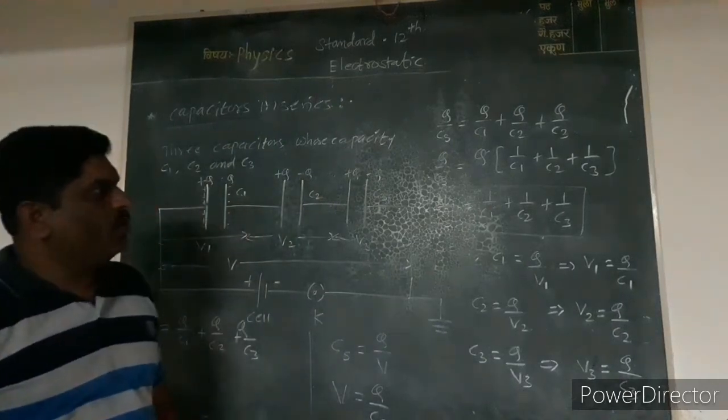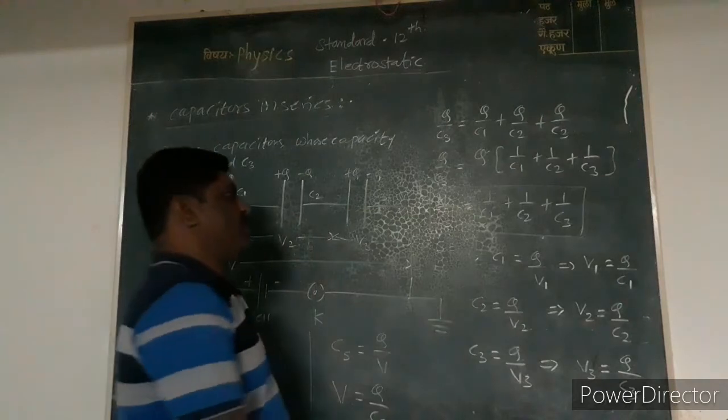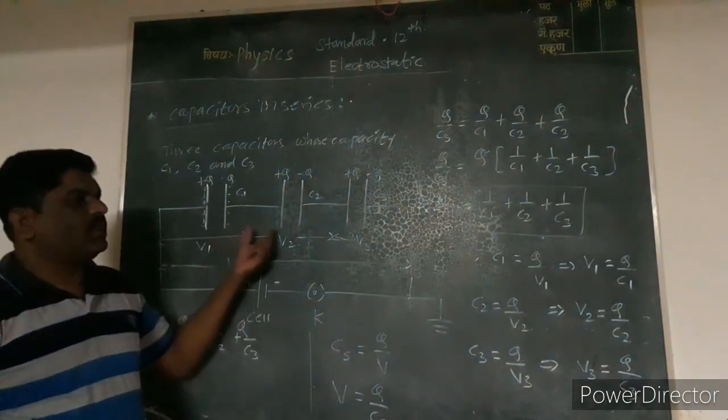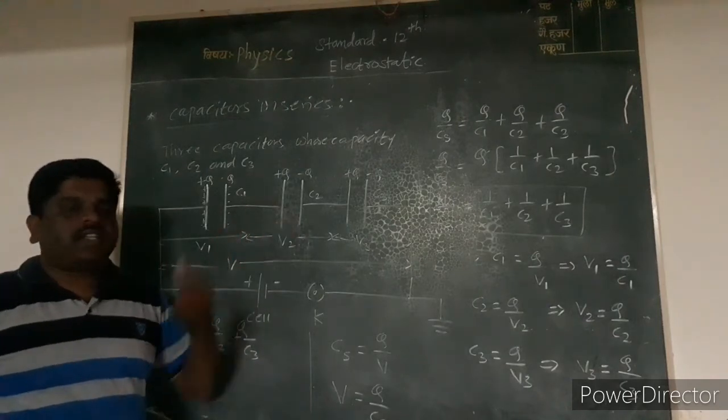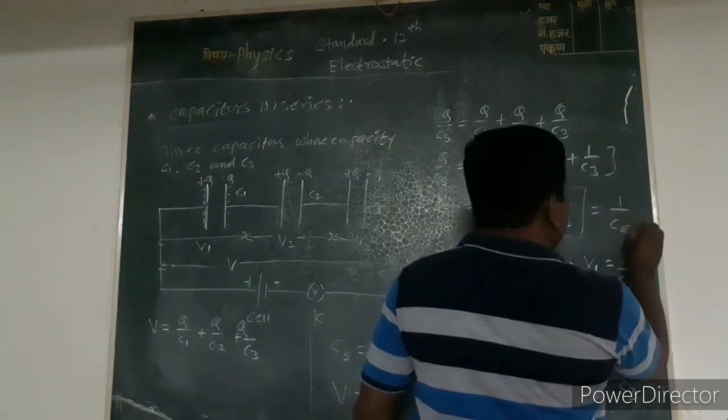This equation gives the equivalent capacity or resultant capacity of capacitors when these are connected in series, or this is also equal to 1 upon C equivalent.